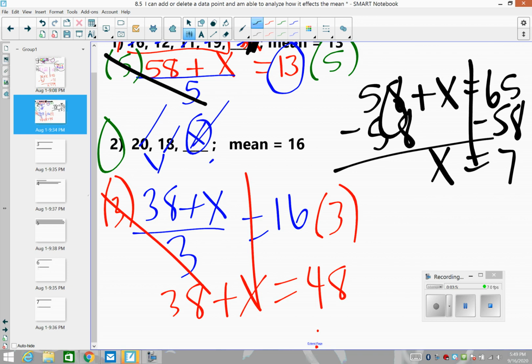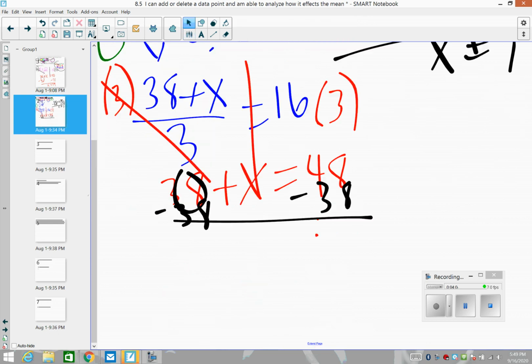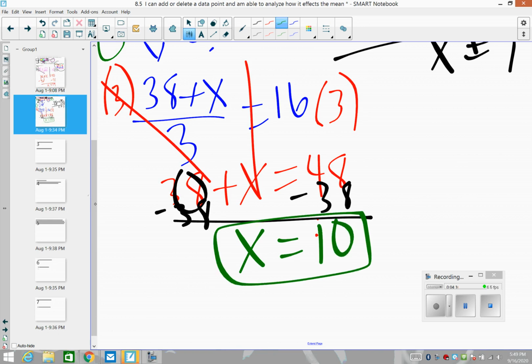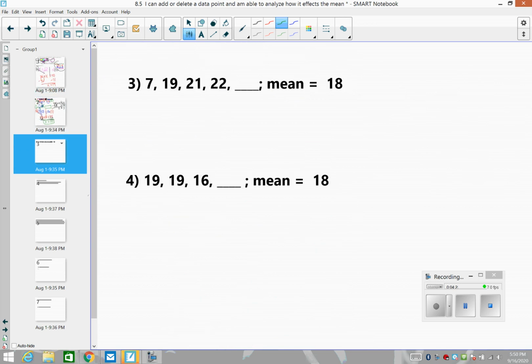And then we are going to subtract 38, copy, paste, copy, paste. We find out that the x value has to equal 10 for that to work out. So if the x value is 10 and we add those and divide by 3, we get a mean of 16. So that's what we call adjusting the data set when we add or delete a point. There are some more examples of those.